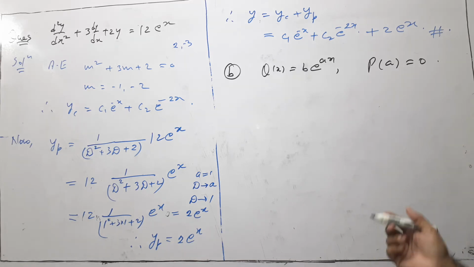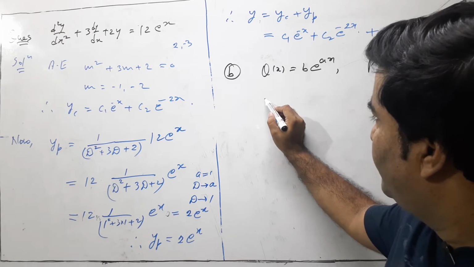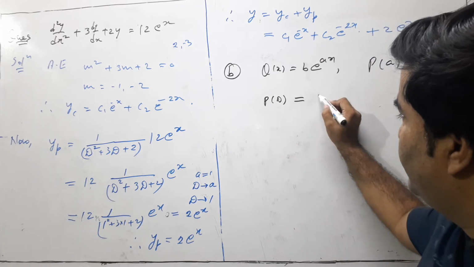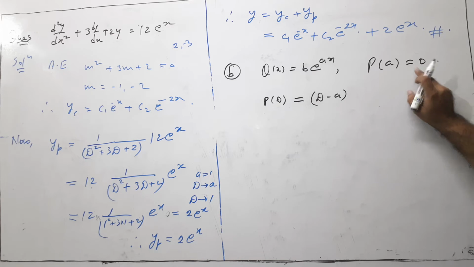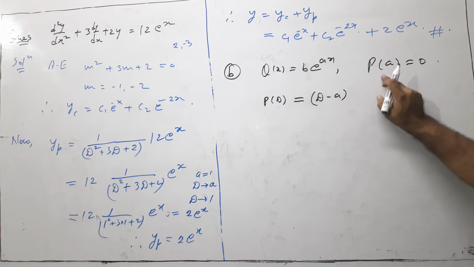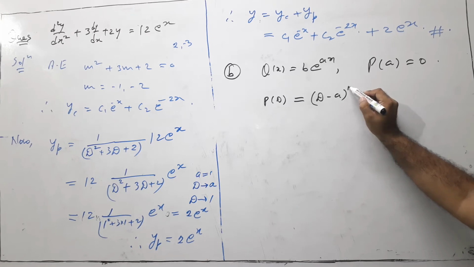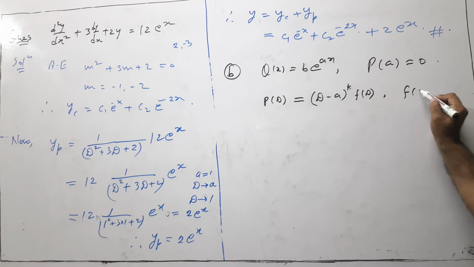Here actually P(D) has the factor (D - a), because P(a) is 0. Suppose P(D) = (D - a)^k into some function f(D), where f(a) is not equal to 0.